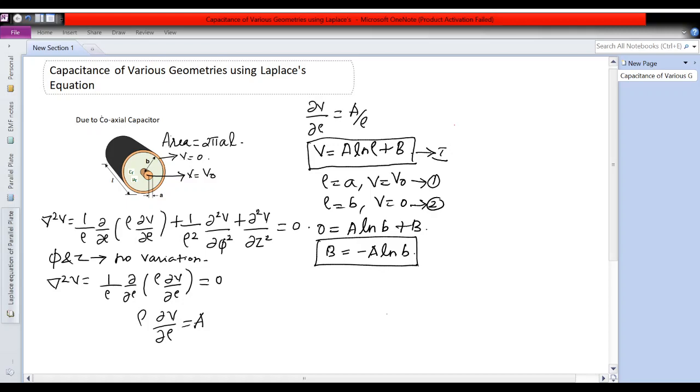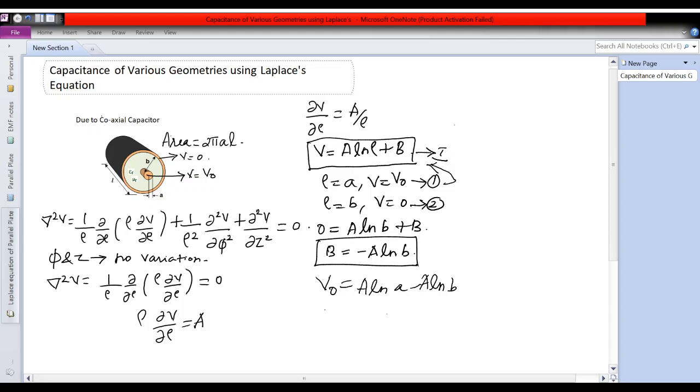Now I am going to substitute the first condition in the main equation. So when I substitute, V naught is equal to A ln of A, and what is B? Minus A ln of B.